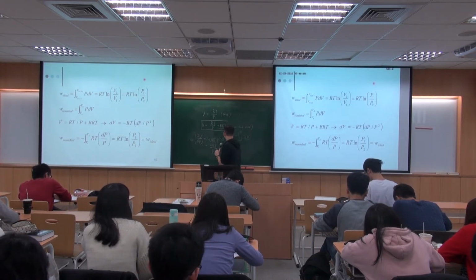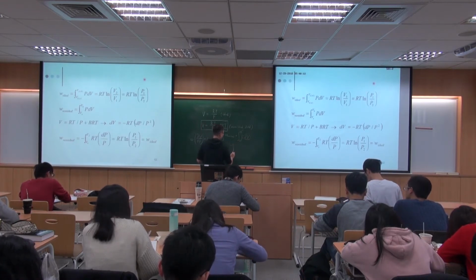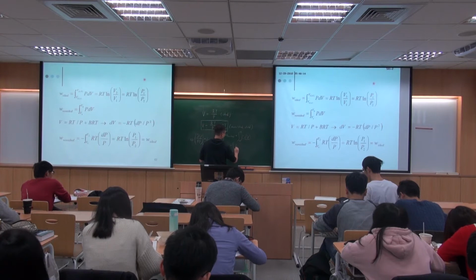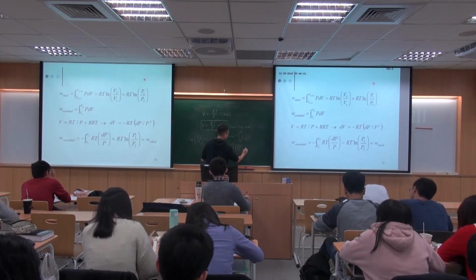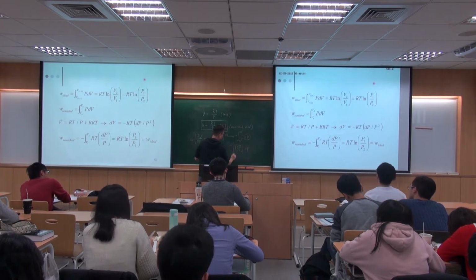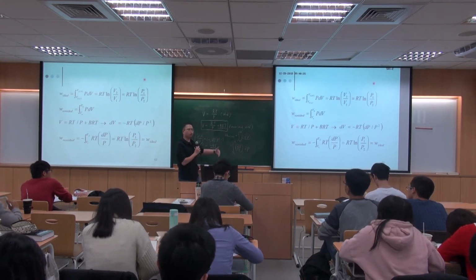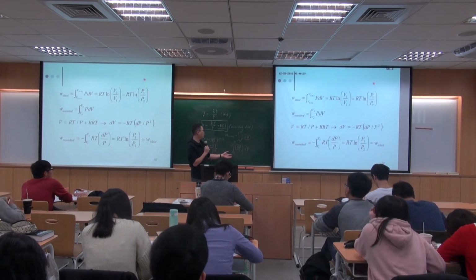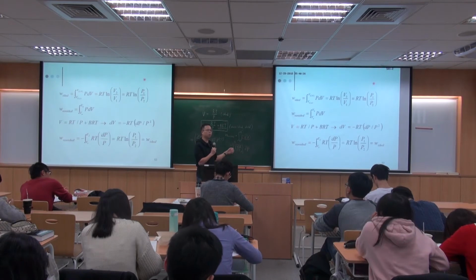So it turns out that this is, let's say, and this is from P1 to P2. And of course, the original constraint, I mean the limits, are P1 and P2. So these two numbers are given.